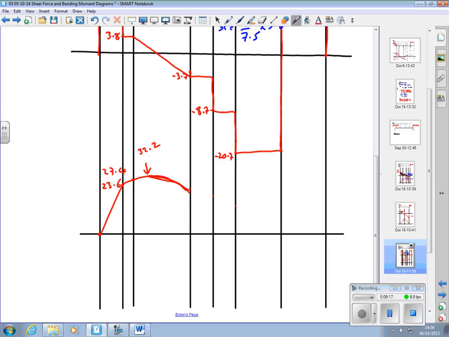I want to say 13.63. So there are some values on there. See if you can confirm. It's not drawn very well actually. This should be a smoother curve around here and then go down and down. But I think you get the idea.